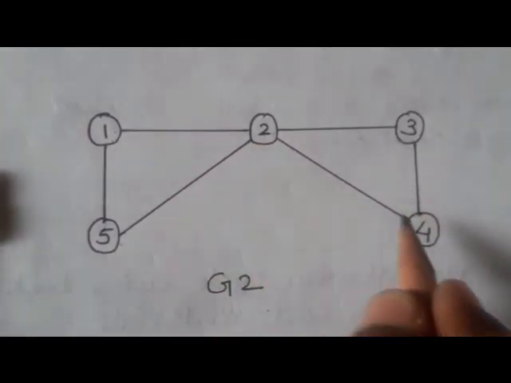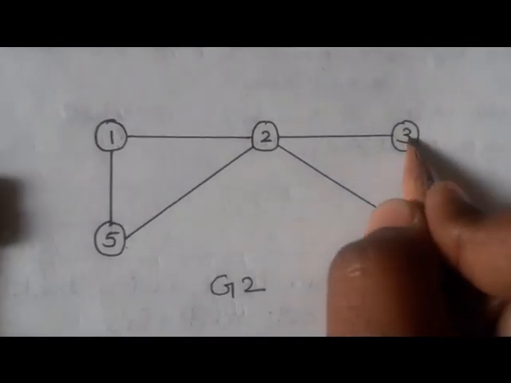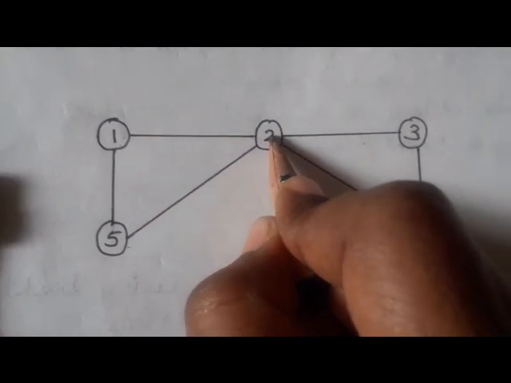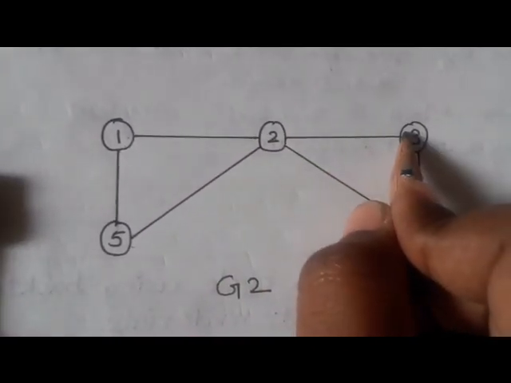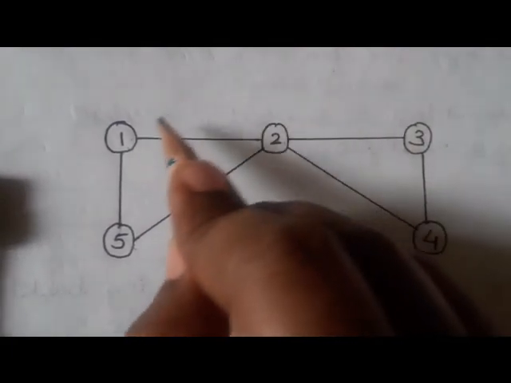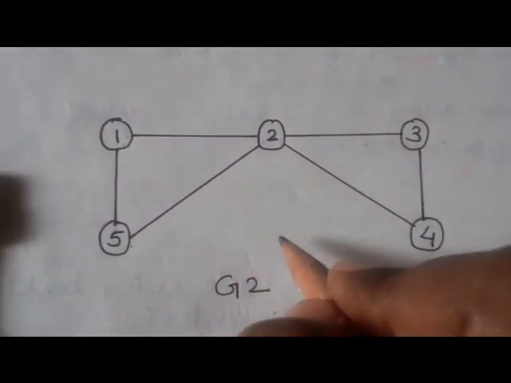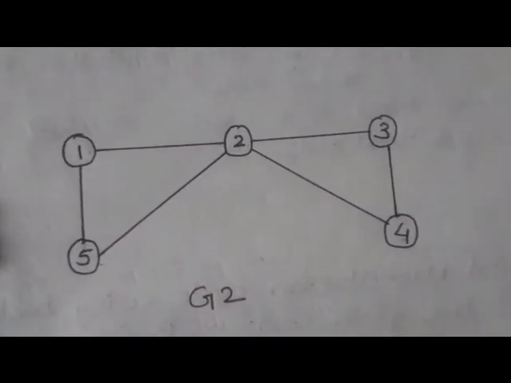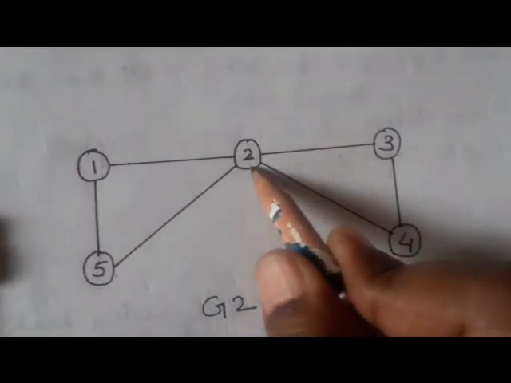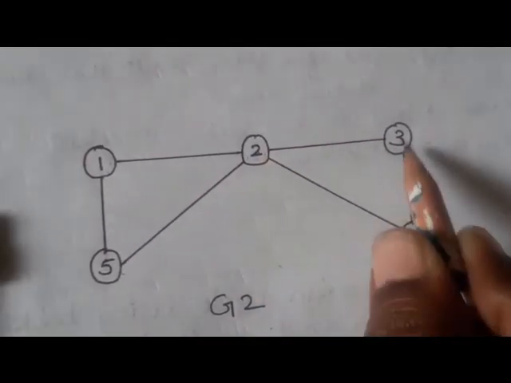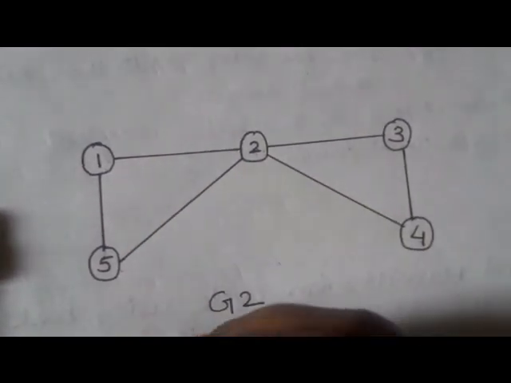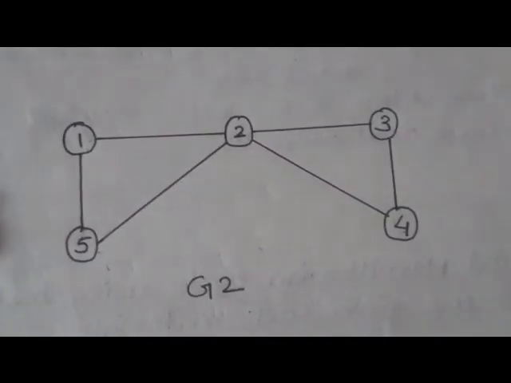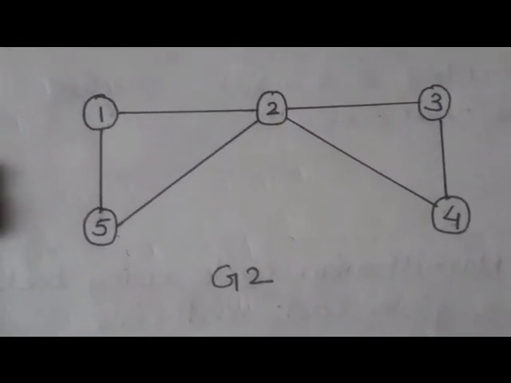Then from vertex 2 we visit vertex 4, then 3, and there is no edge from 3 to 1 directly, so it is not possible. Now if we start at vertex 2, then 2 to 4, 4 to 3, 3 to 2, but two vertices are not visited, so a Hamiltonian cycle is not possible for graph G2.